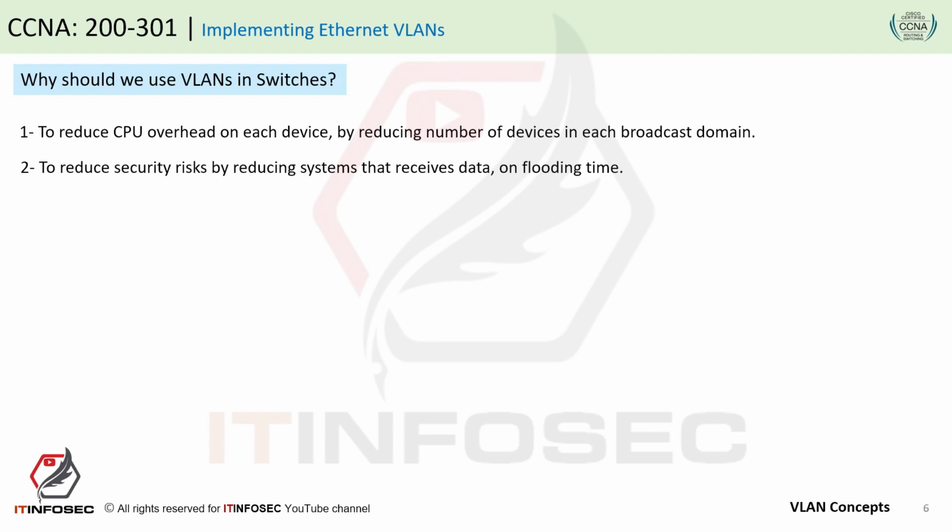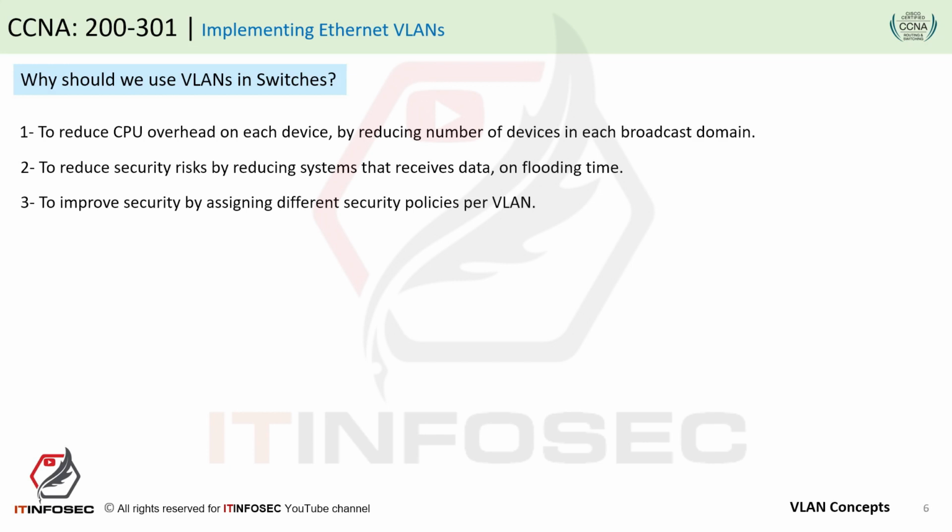I will describe more in the next videos. To reduce this security risk that may happen by flooding packets in any network situation, making VLANs will reduce it by limiting the network edge and putting each network in smaller parts we call VLANs.